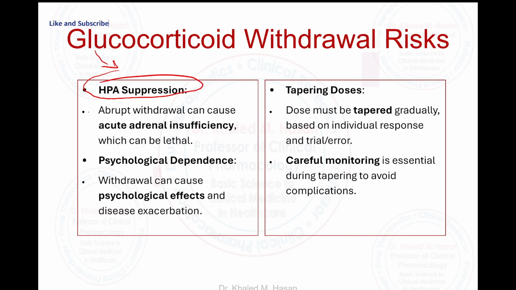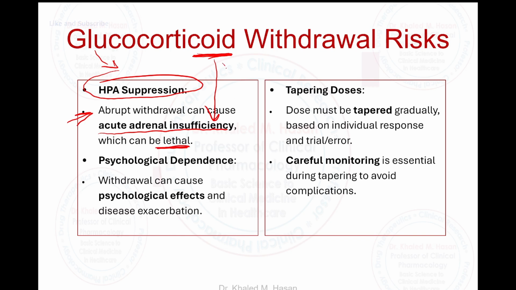Abrupt withdrawal of cortisone can cause acute adrenal insufficiency. So we don't recommend stopping this medication suddenly, and this could be lethal. When you have a patient on chronic, long-term glucocorticoid administration, try not to stop it suddenly, because this will lead to acute adrenal insufficiency that can be lethal.